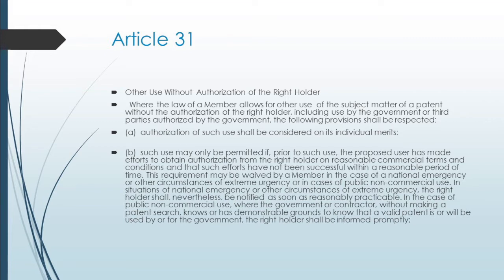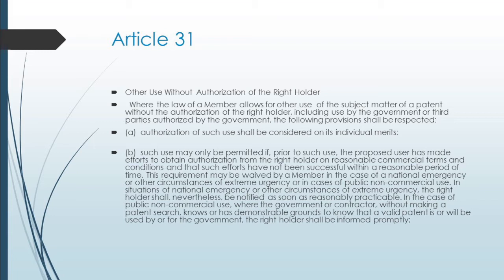TRIPS is an agreement that deals globally with the issue of IPRs. What TRIPS actually does is to provide minimum requirements which every country has to fulfill while drafting their own national IPR laws. Article 31 is one of the sections which deals with compulsory licensing granted under the domain of patents.